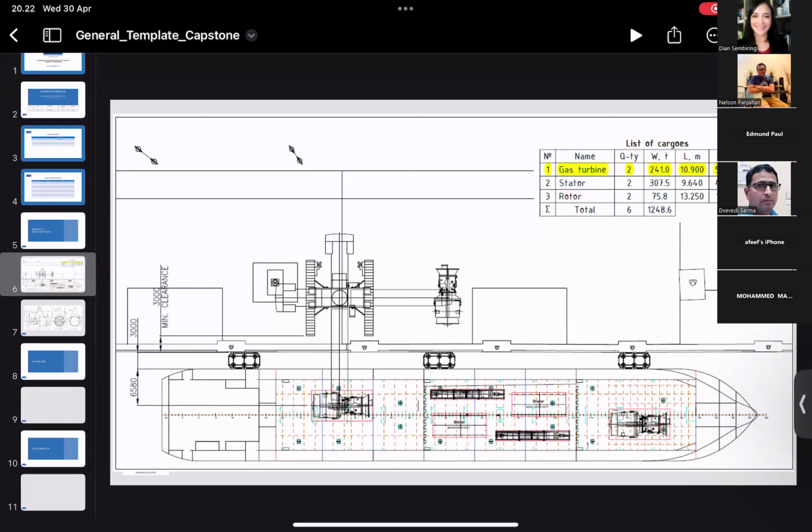Related to this capstone, do you have any question, everyone? Maybe Sarma or Afif? And just to add, it's not limited only to this capstone.